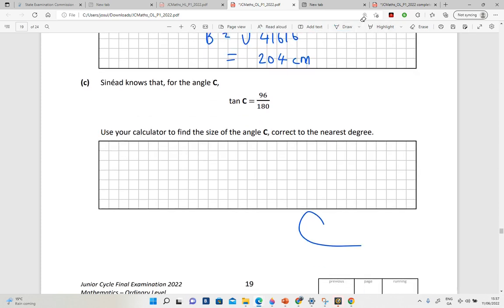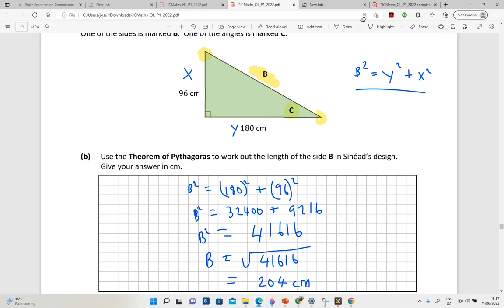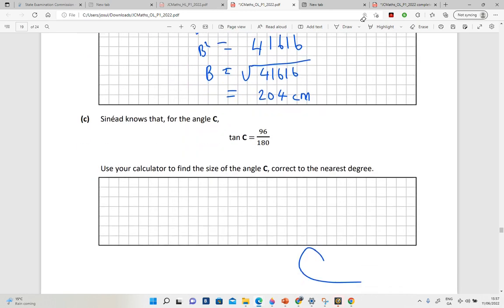Okay, so Sinead knows for the angle C that tan of C is this number. So the angle C, the tan of that is equal to this over this, 96 over 180. So what I need to do is get the inverse tan of this number.